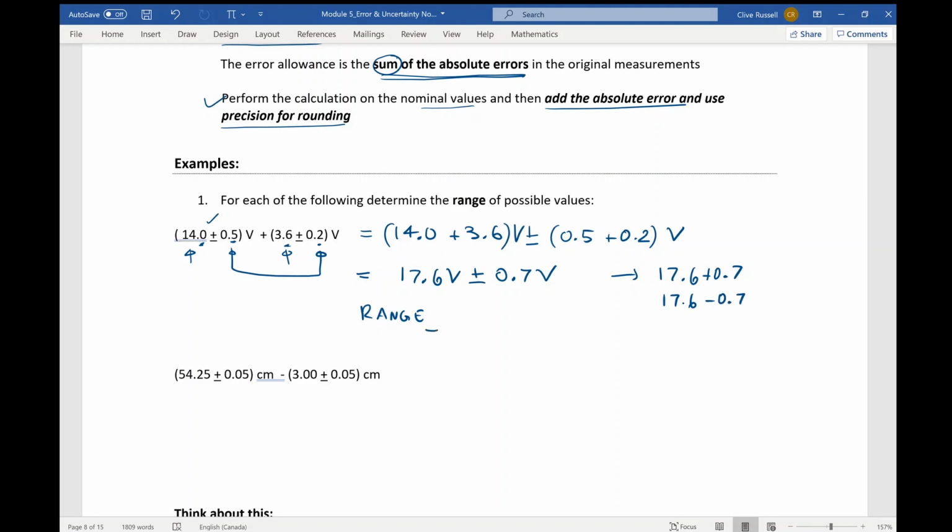So the range will be, let's do negative first, 17.6 minus 0.7 gives us 16.9 volts, and the upper limit is going to be 17.6 plus 0.7, which is 18.3 volts. Okay, so that's the range.